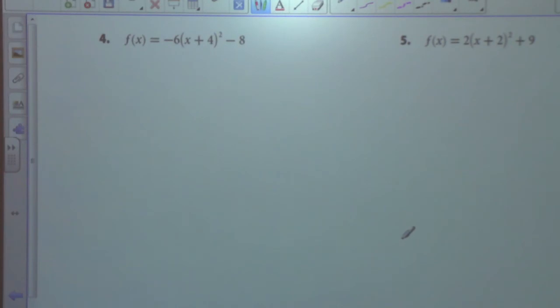Jay, what do you think about this? For the vertex, I got (-4, -8). So vertex, he gets (-4, -8), is that right? Yes.